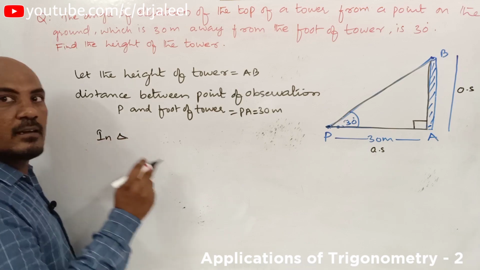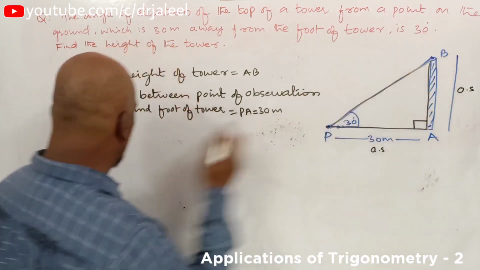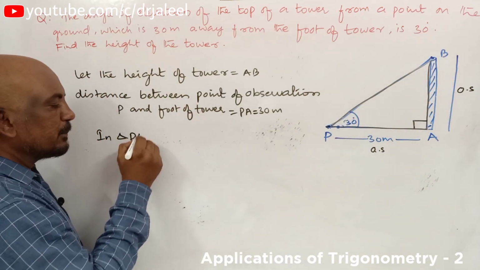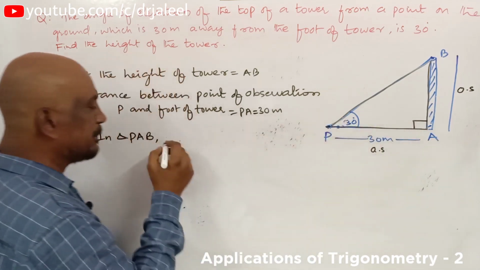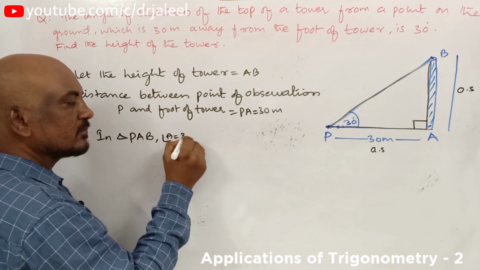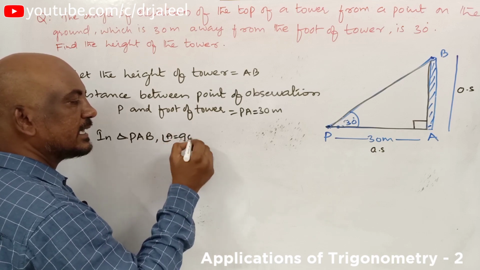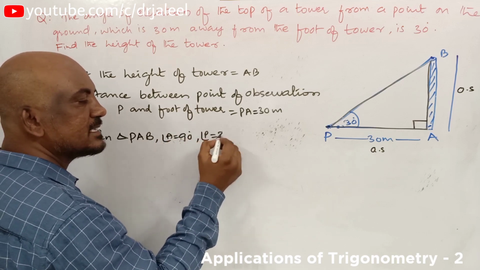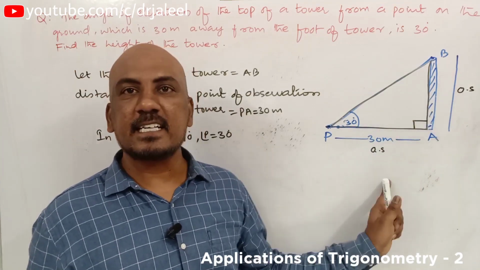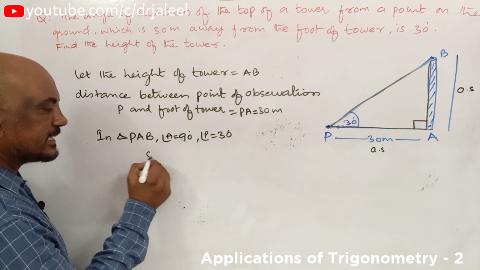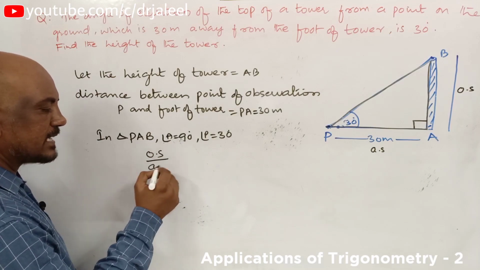So let us present it. In triangle PAB, angle A is 90 and angle P is 30 degrees. So we want the opposite side and the adjacent side is provided. So we will write it as opposite side by adjacent side.